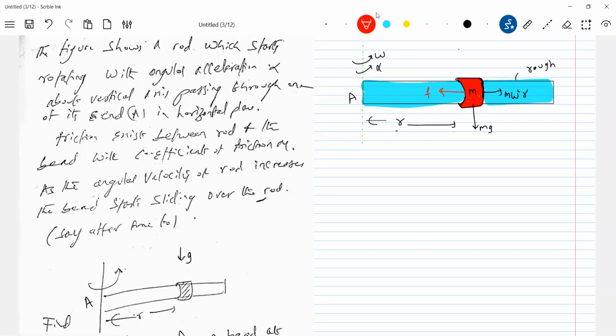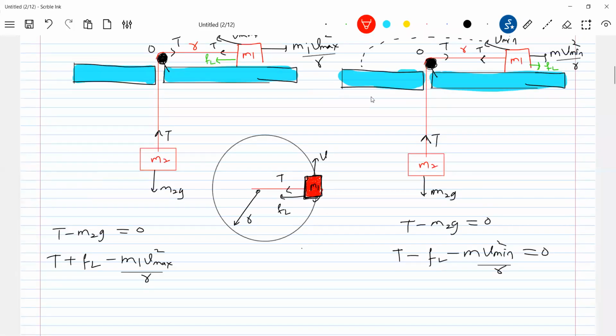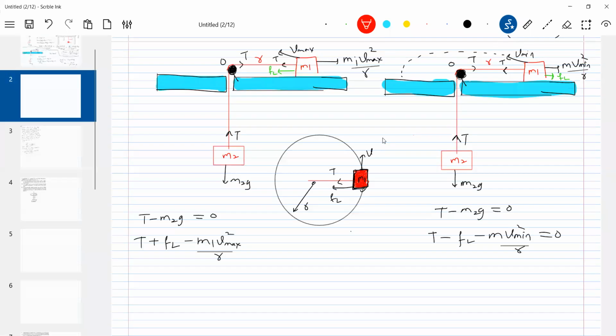So let omega equal to alpha t. I'll start with this assumption.